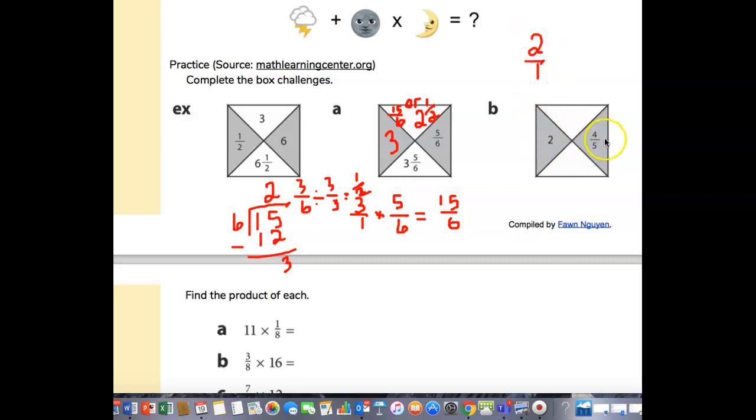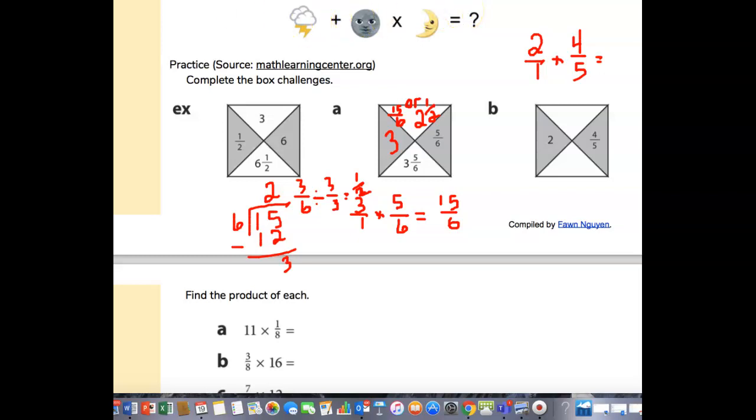And always remember when we're multiplying fractions to make that whole number a fraction, by putting it over 1. So now you're going to have this, multiply those across. If you get an improper fraction, divide to get a mixed number. Okay? Try that one on your own. I know you can do it.